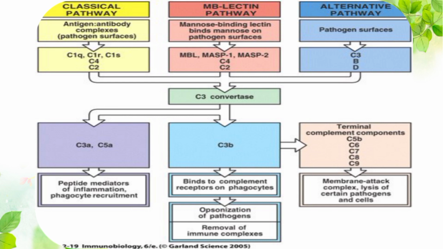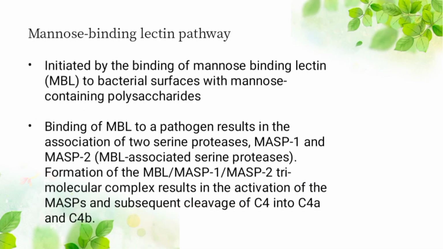The mannose binding lectin pathway is initiated by the binding of mannose binding lectin to bacterial surfaces with mannose containing polysaccharides. Binding of MBL to the pathogen results in the association of two serine proteases, MASP1 and MASP2.